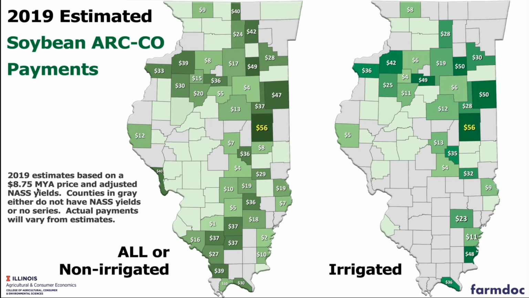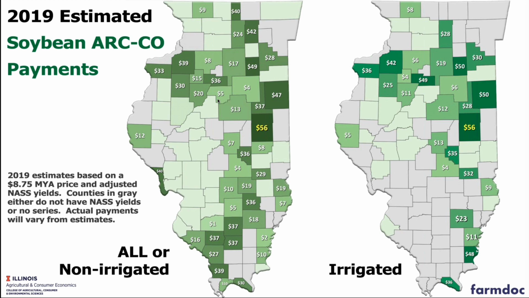And here on the left side of the screen, you're seeing what is projected for ARC County payments for all or non-irrigated soybean payments. Again, this is 2019. And this is all non-irrigated and irrigated.